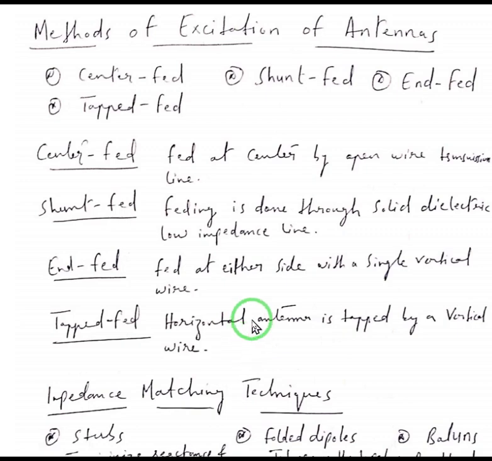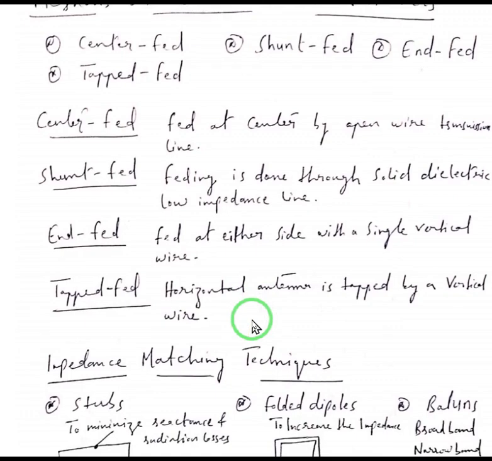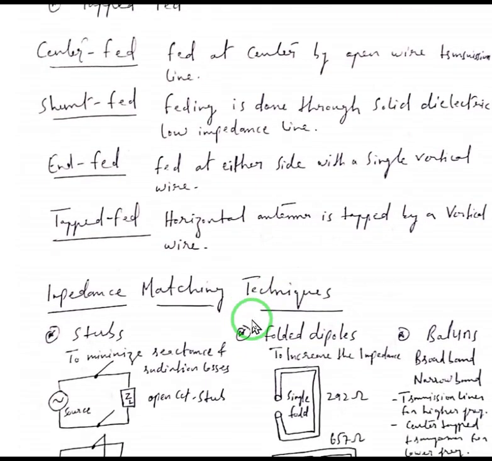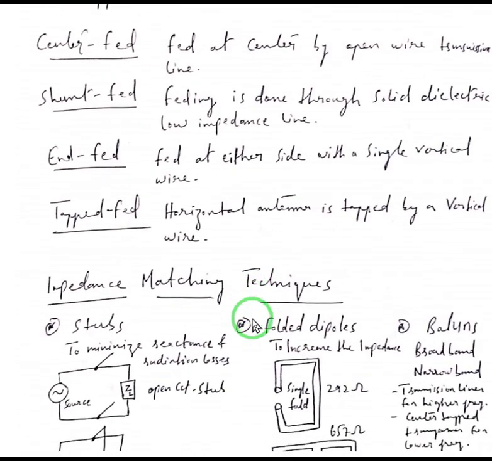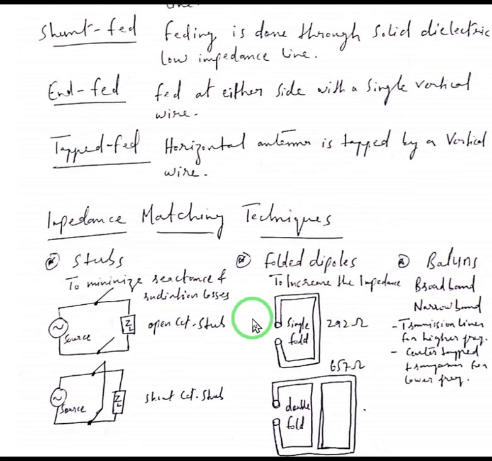Now a problem arises in excitation of antenna: if the impedance of the antenna and the source that has been provided are not matched, then the excitation of the antenna is not proper.